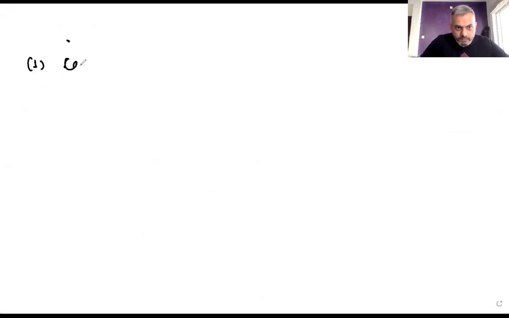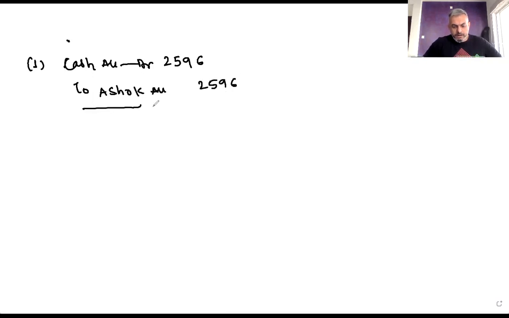Cash account to Ashok account. Cash account debit amount is 2596 to Ashok account. Now, there is a mistake in Ashok account. So let's draw Ashok account.